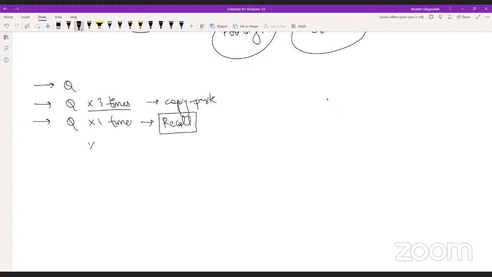And then one more time try to solve it without seeing. Every day I will be solving not more than one or two questions. But what I am expecting from you is three times just copy paste, one time try to recall, and one time write the answer without seeing it.